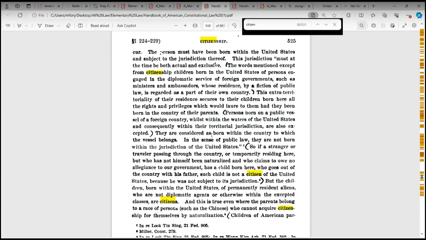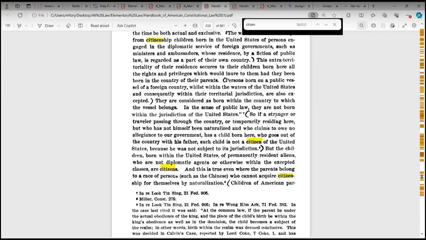They are considered to be born within the country to which the vessel belongs. In the sense of public law, they are not born within the jurisdiction of the United States, meaning they are not born within one of the states of the Union.